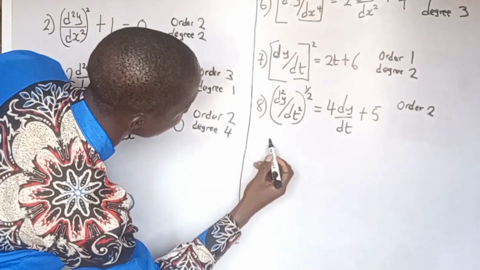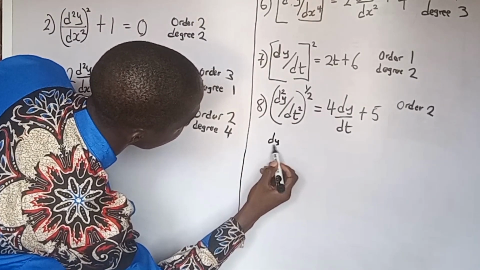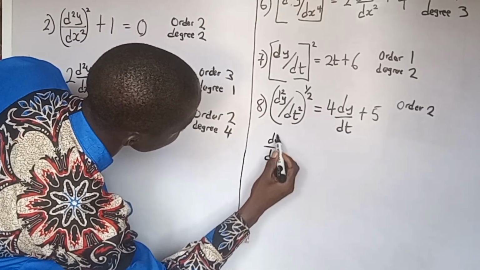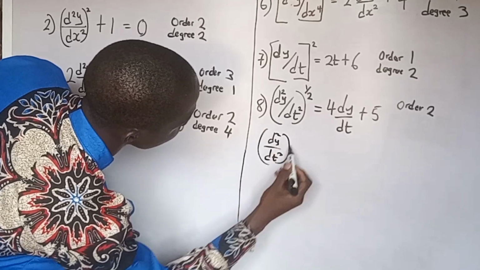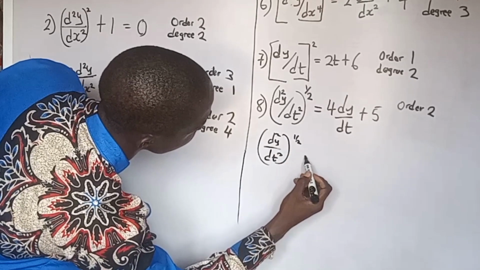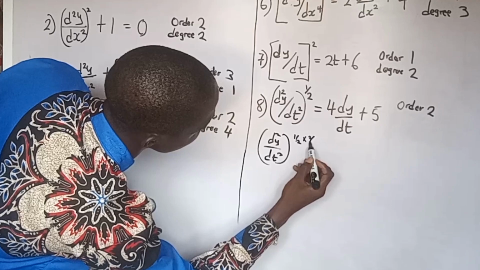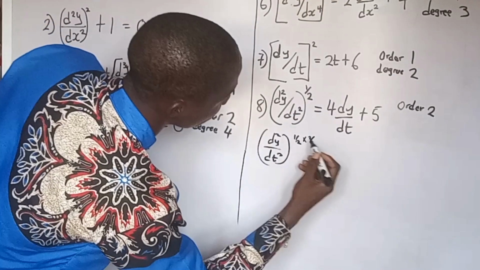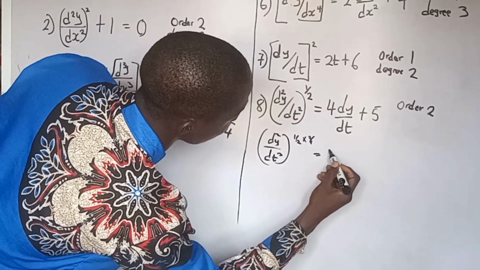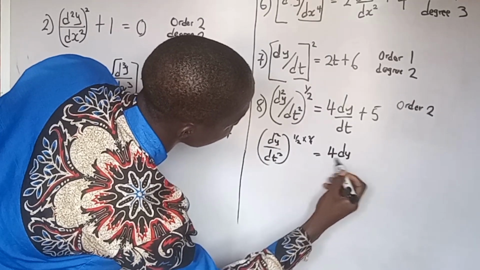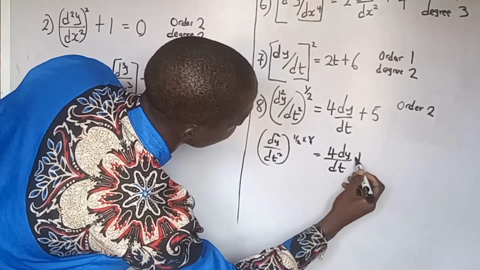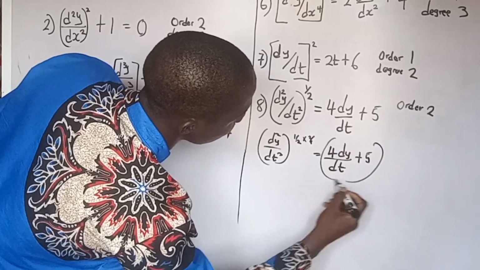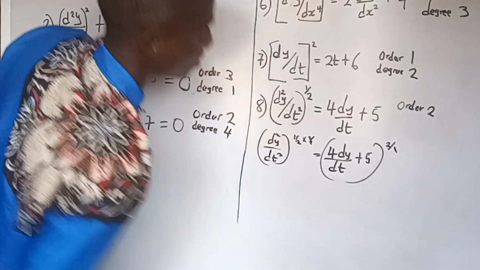So I'm going to have d squared y over dt squared raised to the power of 1 over 2, multiplied by 2 over 1, because the inverse of 1 over 2 is 2 over 1, equals 4 dy over dt plus 5, multiplied by 2 over 1.